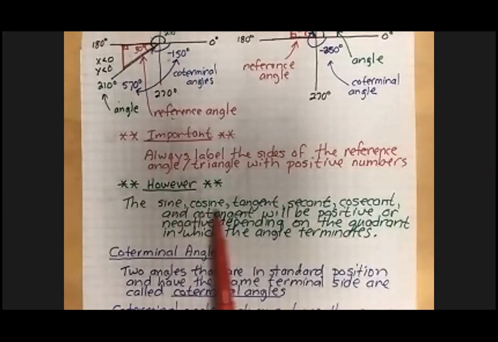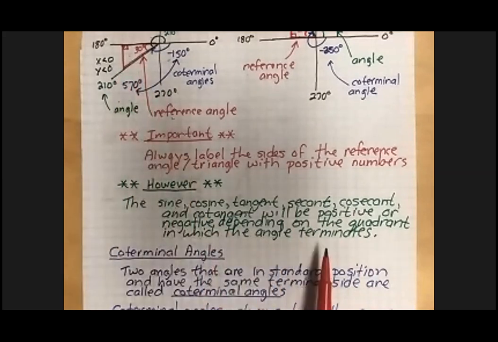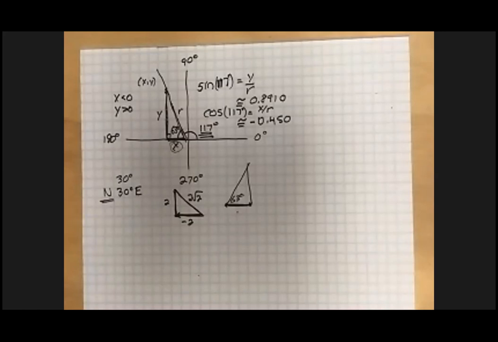The sine, cosine, tangent, secant, cosecant, and cotangent will be positive or negative depending on what quadrant you're in. So let me do an example here for you. And this is not more than that. All I'm asking you to do is get used to the terminology.